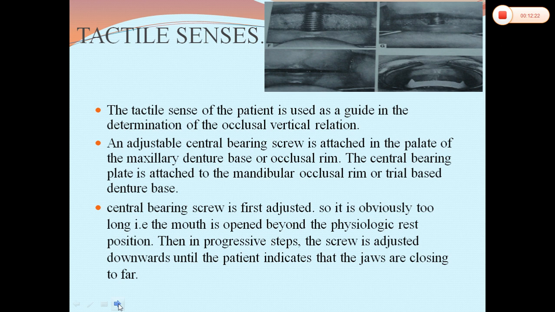The central bearing plate is attached to the mandibular occlusion rim or trial denture base. The central bearing screw is first adjusted so that it is obviously too long, that is, the mouth is open beyond the physiological rest position. Then in progressive steps, the screw is adjusted downwards until the patient indicates that the jaws are closing too far.